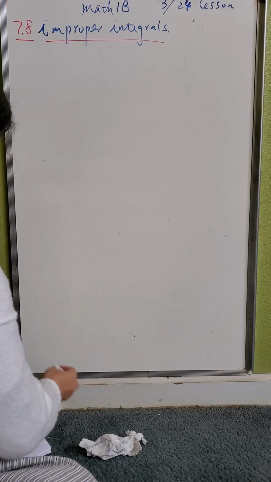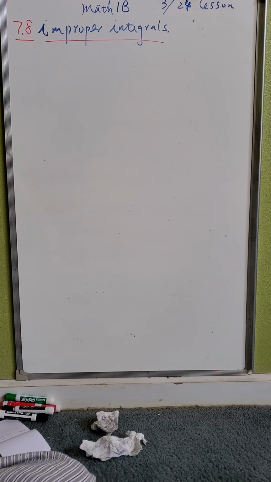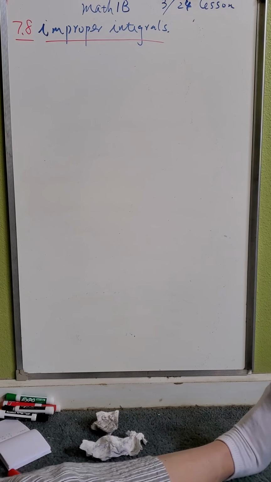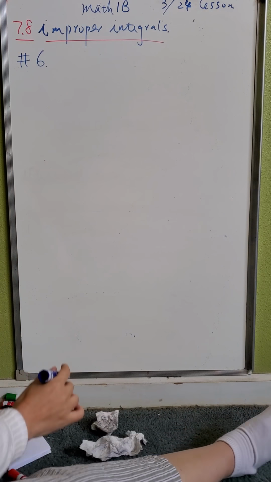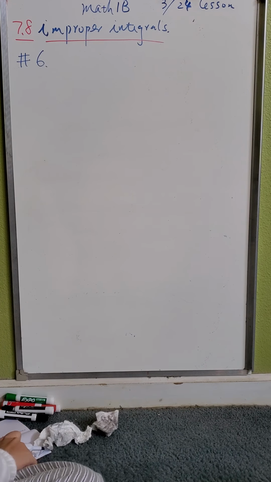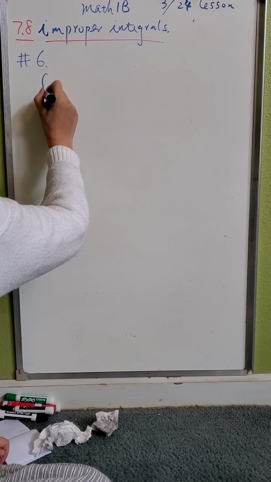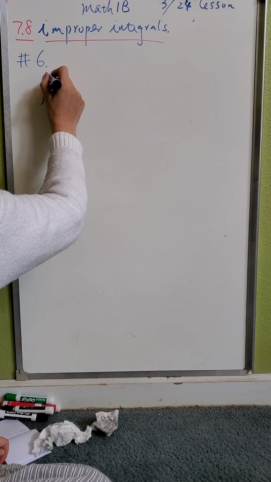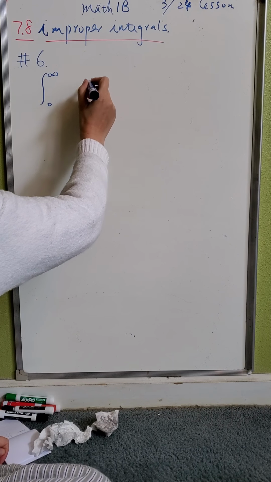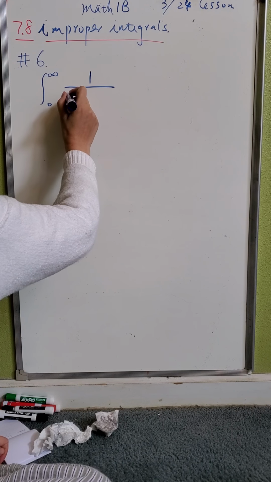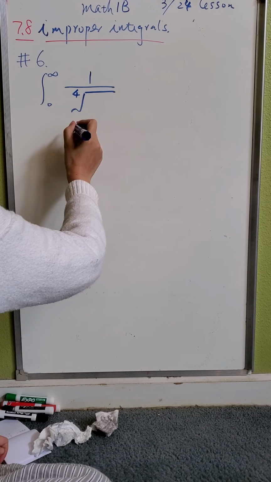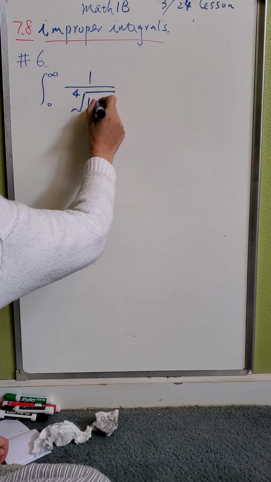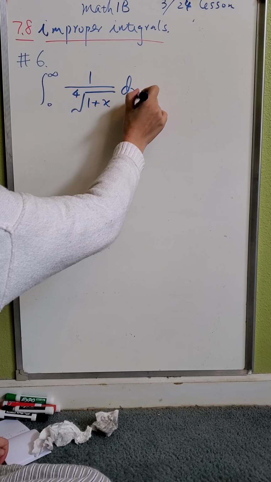Let's look at problem number 6. We have the integral from 0 to infinity of 1 divided by the fourth root of 1 plus x, dx.